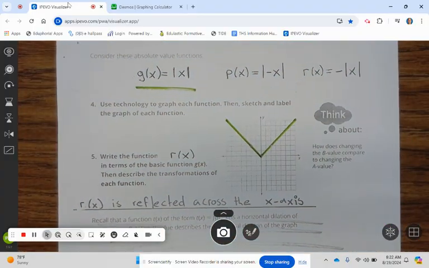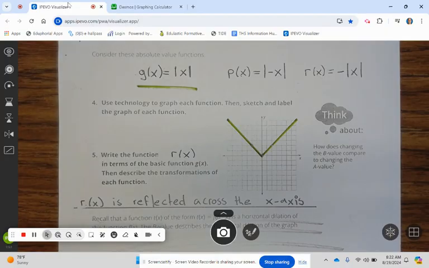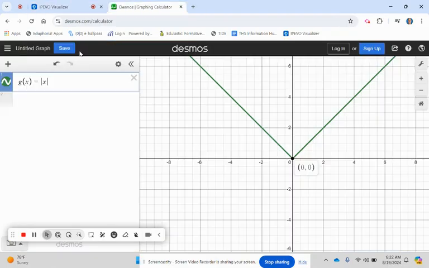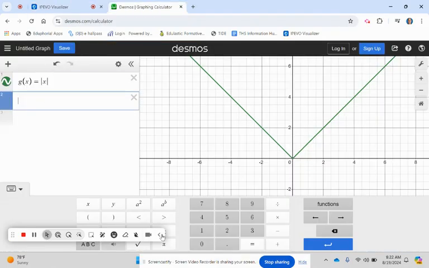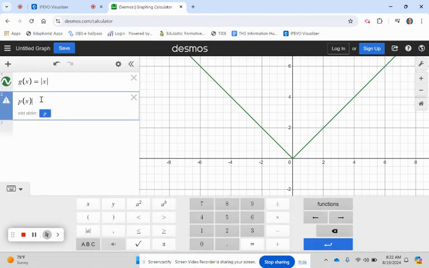Now let's go ahead and graph p of x. We can go ahead and graph that in red. You can see it's the same graph.